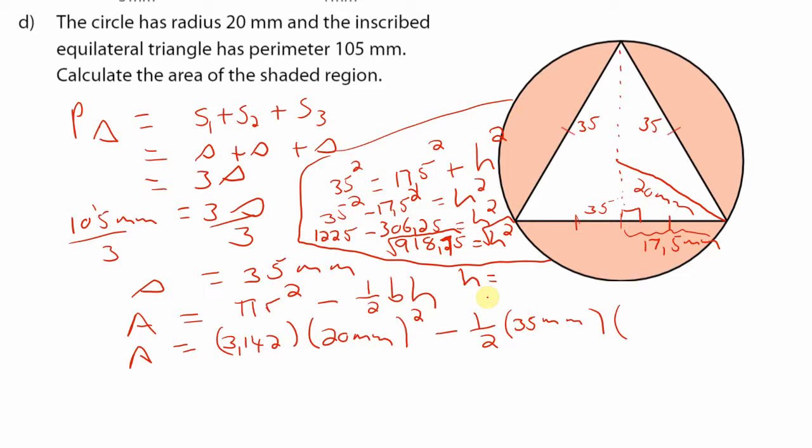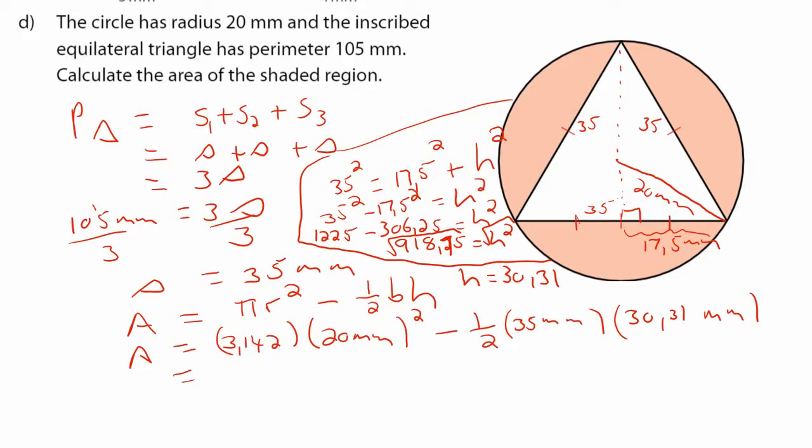So we need the square root of 918,75, and that will result in 30,31. So we can replace height with 30,31 millimeter. And now it's simply calculate.